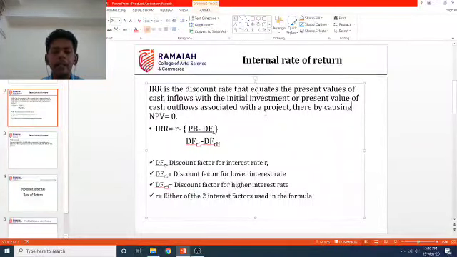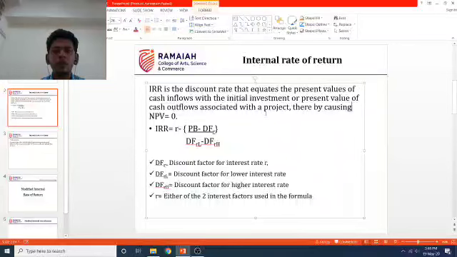So here you are calculating what is that rate of return. What is the rate of return that when applied to discount your cash inflows equates to the cash outflows?